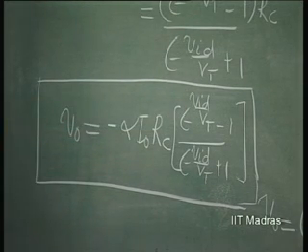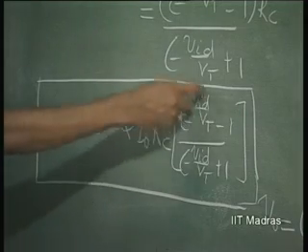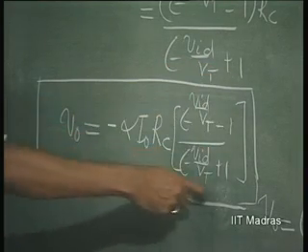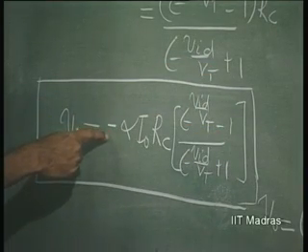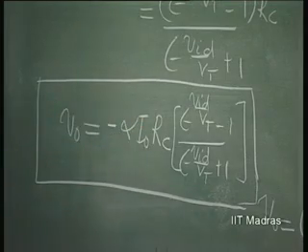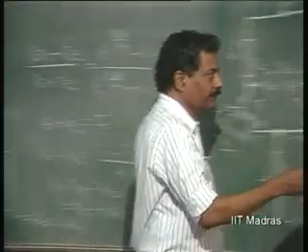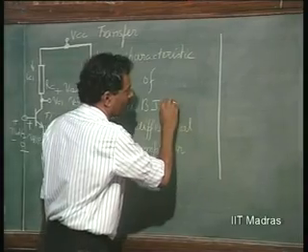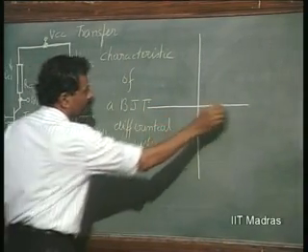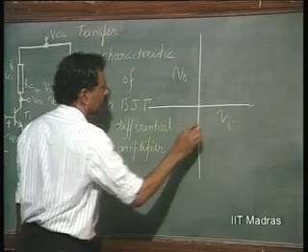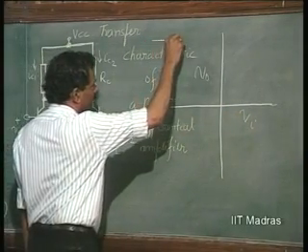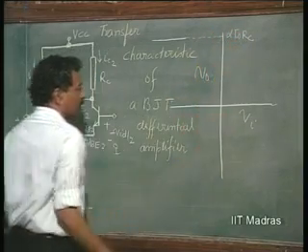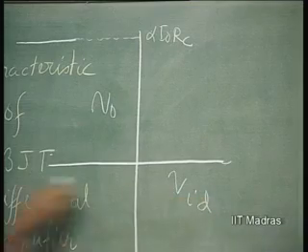When VID is large negative, this factor will go towards 0. This factor also goes towards 0. So, this whole thing becomes minus 1. So, it will be minus into minus, so plus alpha I naught RC. So, that means when we plot V naught versus Vi, it will start with alpha I naught RC when VID is large negative.